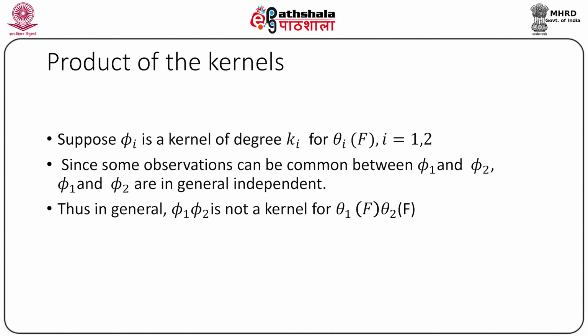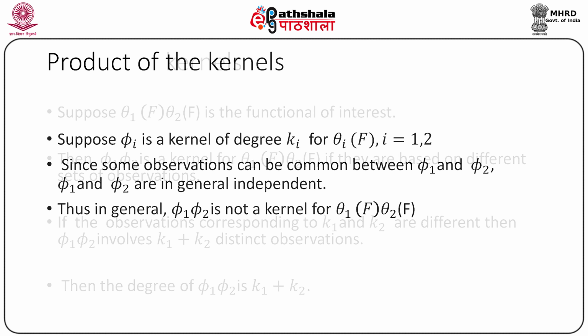The corresponding functionals are theta1 and theta2. If there are some common observations in phi1 and phi2, then phi1 and phi2 are in general dependent. Therefore, their product cannot be a kernel for theta1 times theta2.